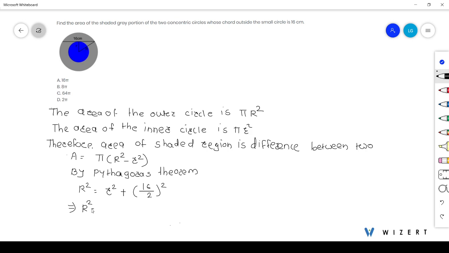So capital R square minus small r square equals 16 by 2, its square, means 8 square. So R square minus r square is 64.